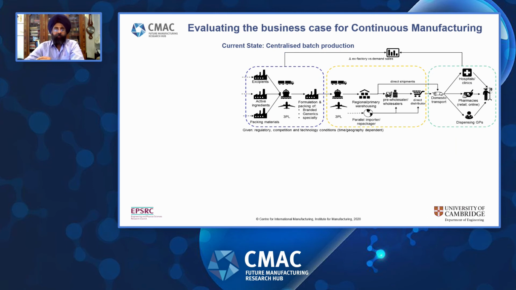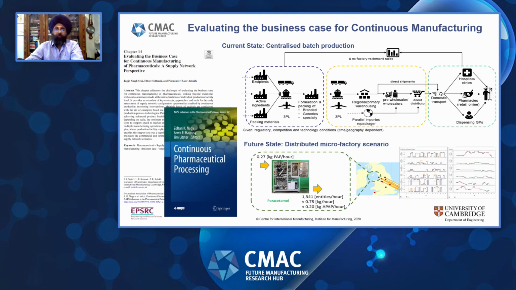Now, in the pharmaceuticals context, we've taken an example. This is analgesics, looked at the current state centralized batch production and the various stages across that supply chain, and then started to use our continuous pharmaceutical processing know-how.